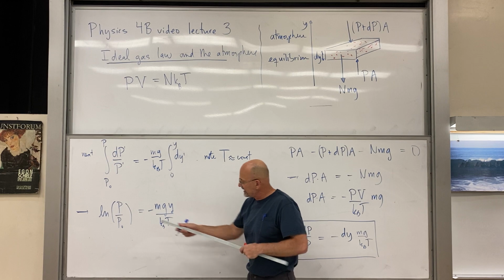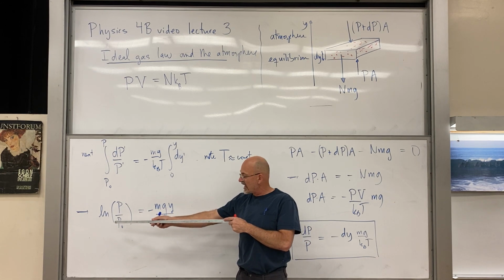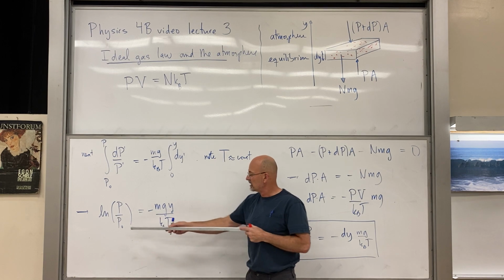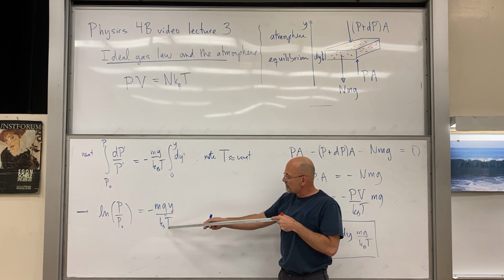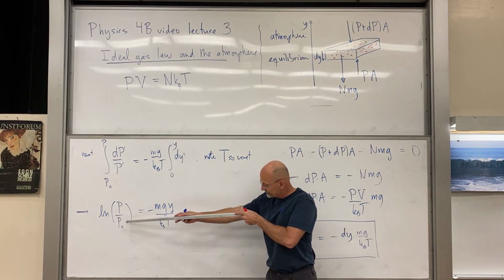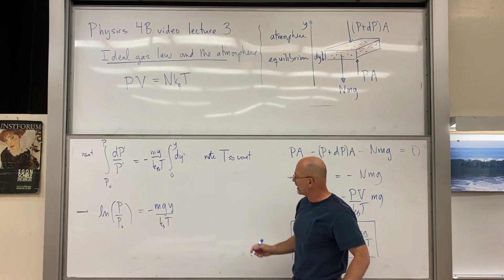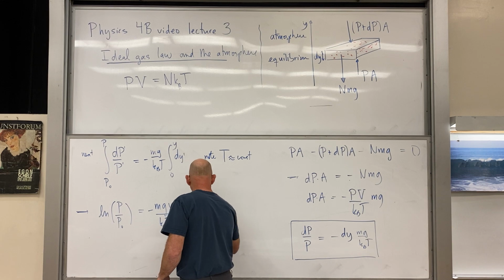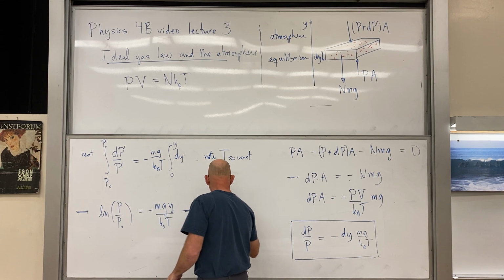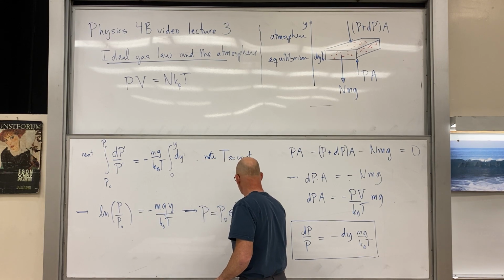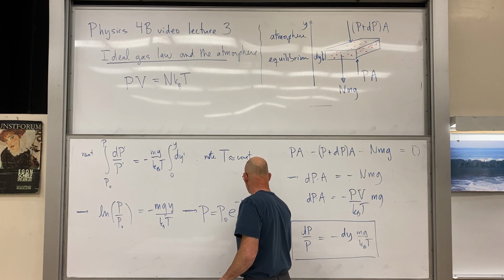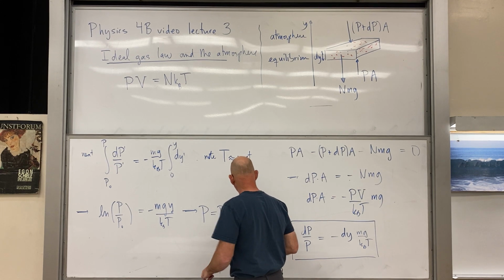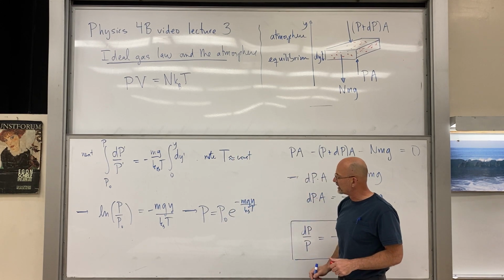And if we now take the exponential function of both sides, we'll get P over P0 equals e to the minus mgy over k Boltzmann T. Cross multiply over, and I'll put this in a box, we end up with P is equal to P0 e to the minus mgy over k Boltzmann T. So that's the argument of the exponent.